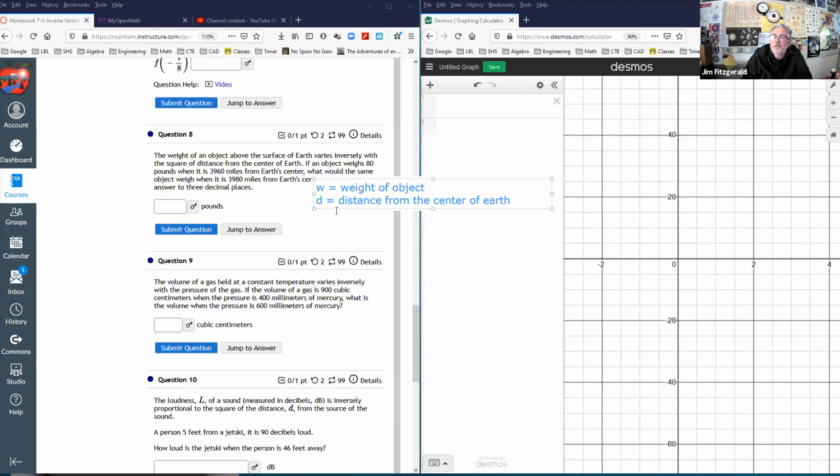So those are the variables I'm going to use. And when I write out that equation, it tells me that the weight of an object varies inversely with the square. So I'm talking about a square here. So I got W varies inversely with the square of the distance.